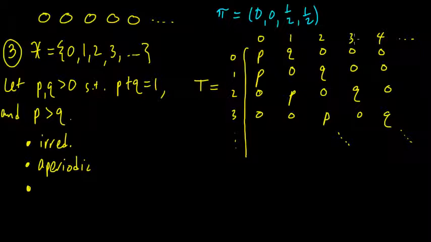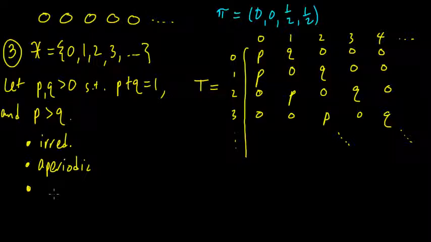You could also check that by starting at any state and then going to 0 and right back, or going to 0 and staying there one step and then going back, and that would give you 2 consecutive times with positive probability where you started at that state and ended at that state.